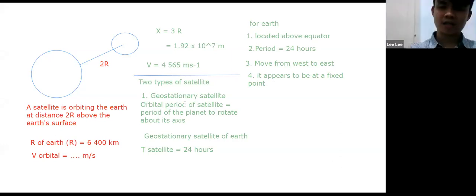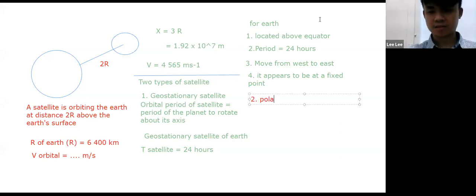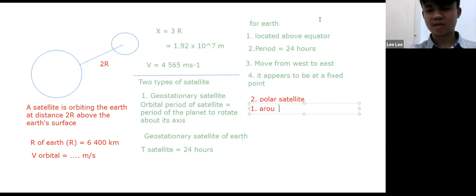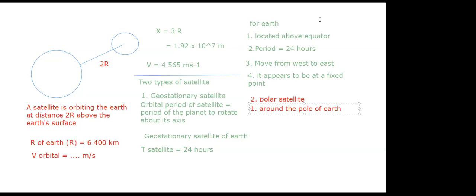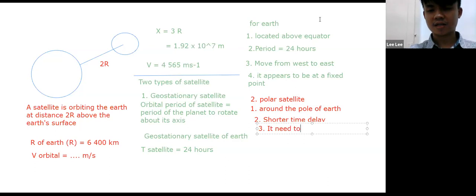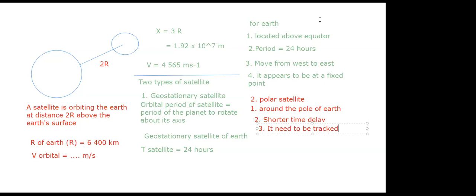Then another satellite is known as polar satellite. A polar satellite moves around the poles of the Earth. It has a shorter time delay, but it needs to be tracked because the position is not the same. What do I mean by shorter time delay?